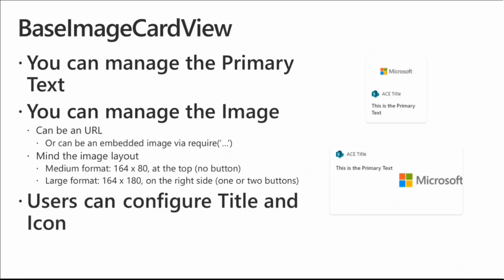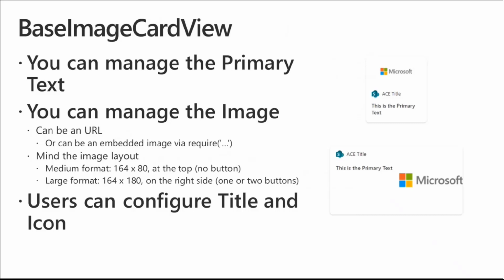And you will not have any button rendered in the UI because there is not enough room to render also a button in the medium one. If you switch to the large one, you will have a 164 by 180 size, which will be rendered on the right side of the card, and you will eventually be able to have some buttons rendered in the UI. And again, like always, users can configure title and icon.